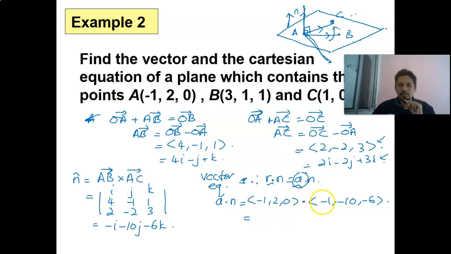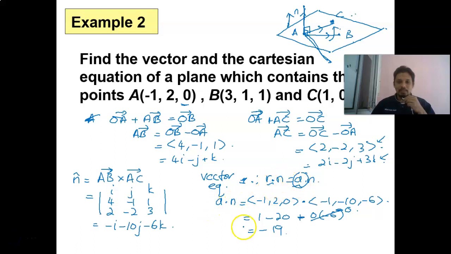Negative 1 times negative 1 equal to 1. 2 times negative 10 equal to negative 20. And 0 times negative 6 equal to 0. So it is negative 19. This is the calculation for a dot n.